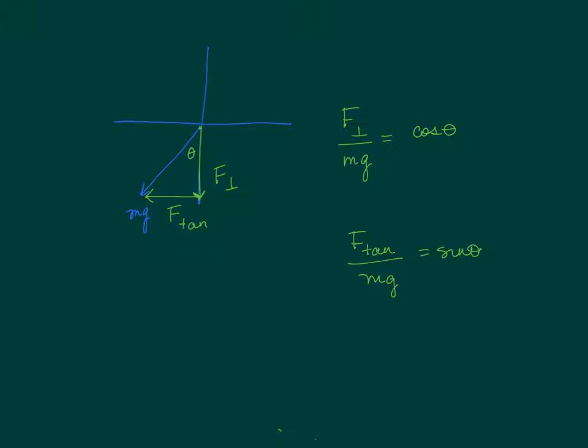Okay, we can solve both of these for F perpendicular, which is equal to mg, so we were using 2 times 10 times the cosine of theta, and F tan is equal to, in magnitude, so might as well use magnitudes, and then we'll get the sign straight later, is equal to mg, which is 2 times 10 times the sine of theta.